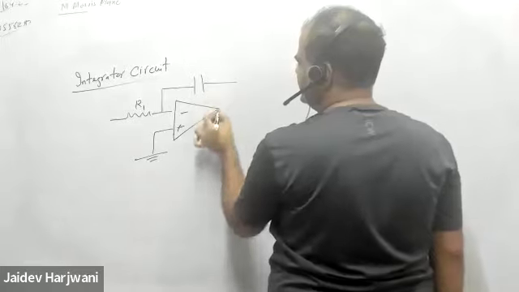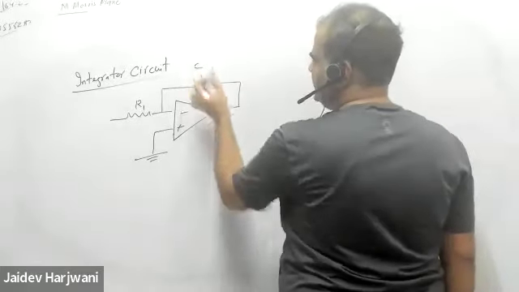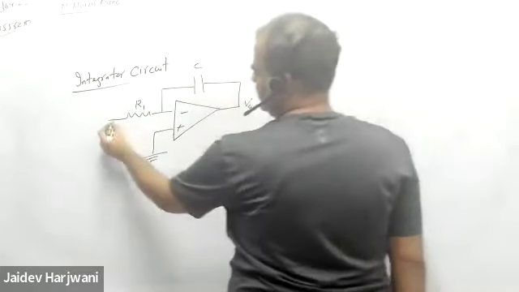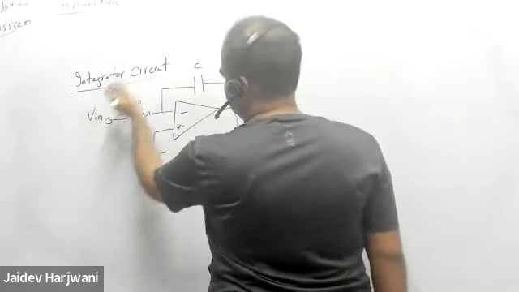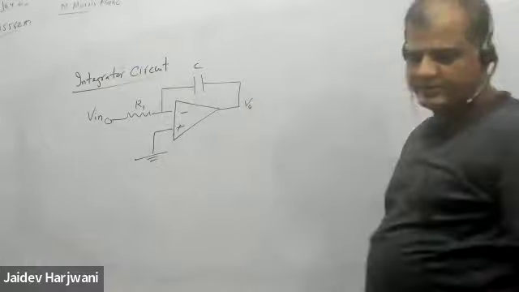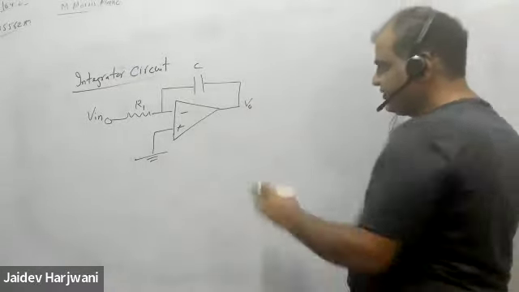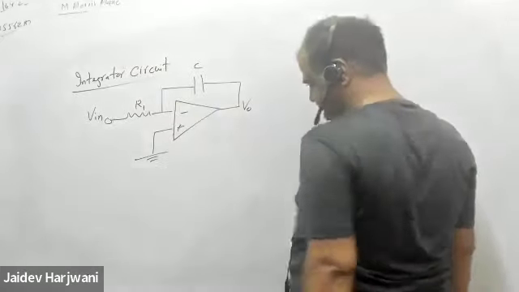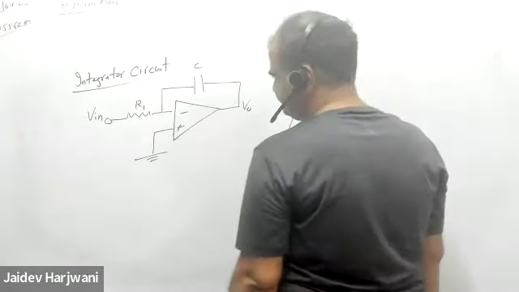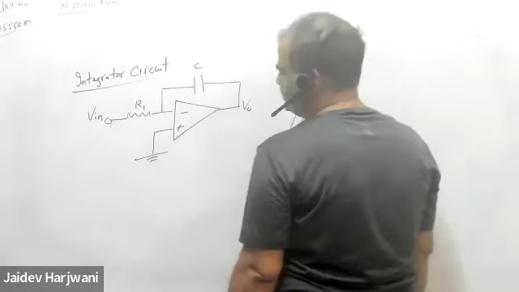Capacitor will come now here, and this is your V naught. Put the input here. This has become your integrator circuit. Now, whatever input you apply, output will be the integration of that input function. Let us write the equation.